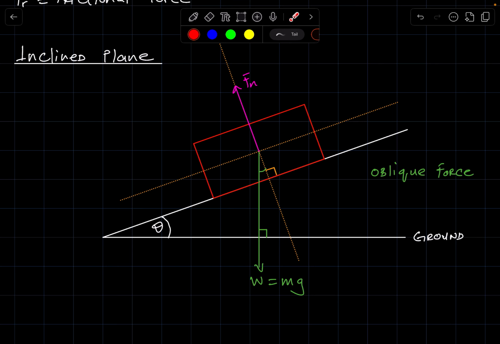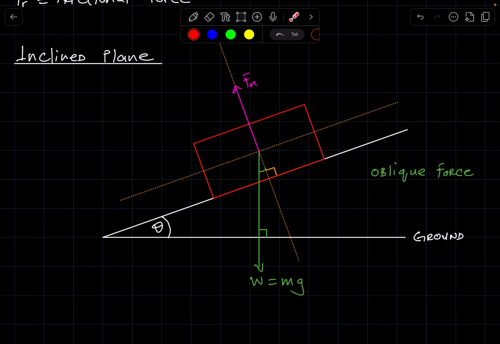So what we do to oblique forces is we have to resolve them into their components.